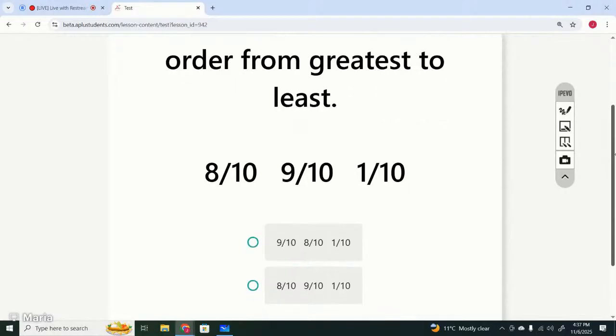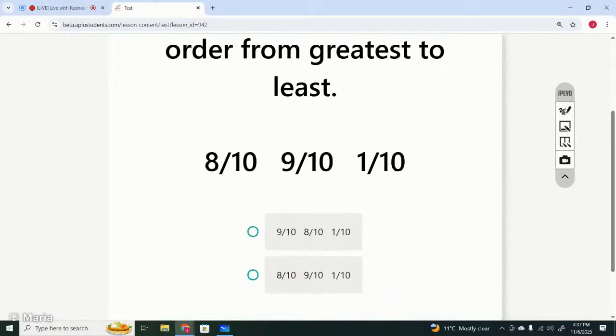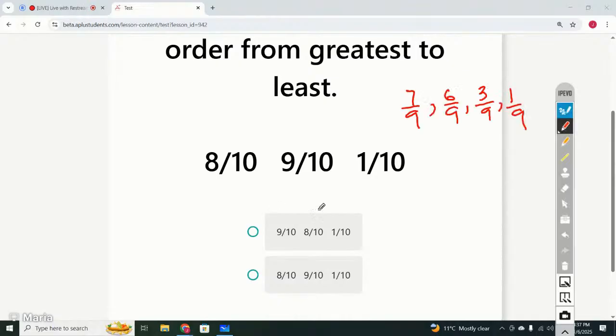Put these fractions in order from greatest to least. So let's just arrange them from greatest to least. 9 out of 10 has the most portion colored. 9 out of 10, 8 out of 10 and 1 out of 10, because they have the same portions. So the one that has the most portion colored is the greatest one.